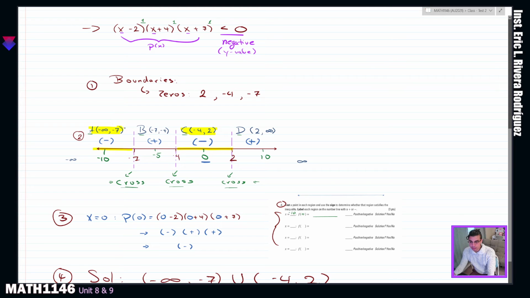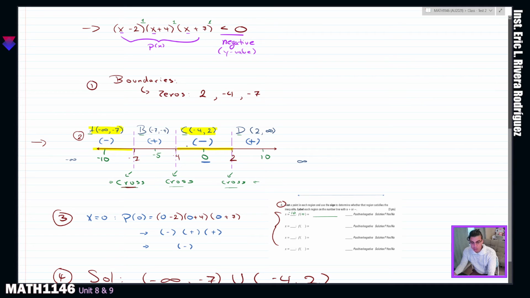So here in step number 2 is where you want to use the properties of the polynomials, more specifically, the behavior on the x-intercept. Using the behavior of the x-intercept, you can determine the rest.